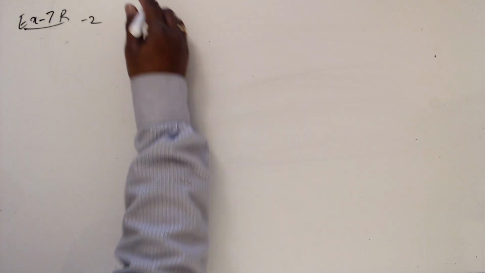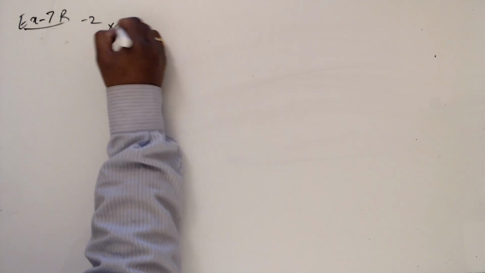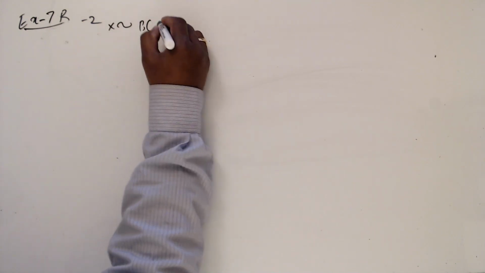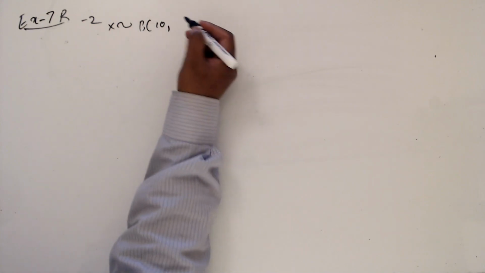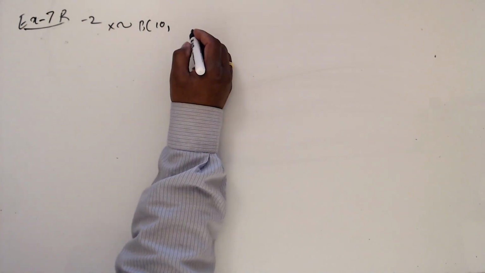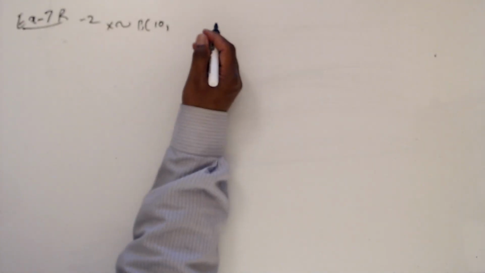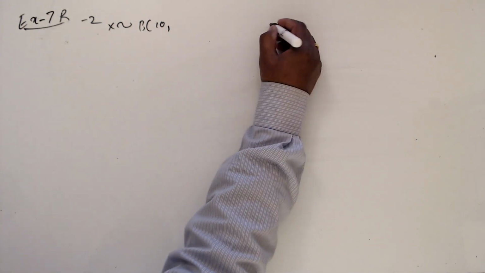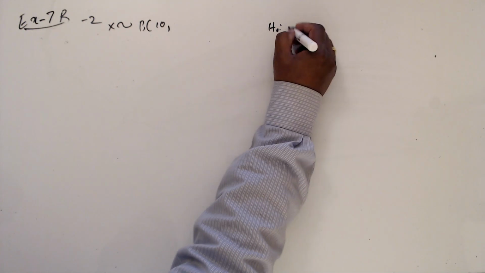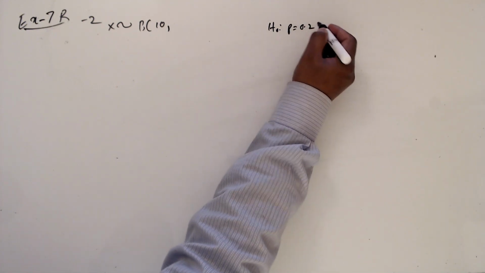So the test statistic has a distribution X binomial. They are doing 10 trials in this sum. It's like tossing the coin 10 times, and we need to test H0: p equals 0.2. This is the belief.